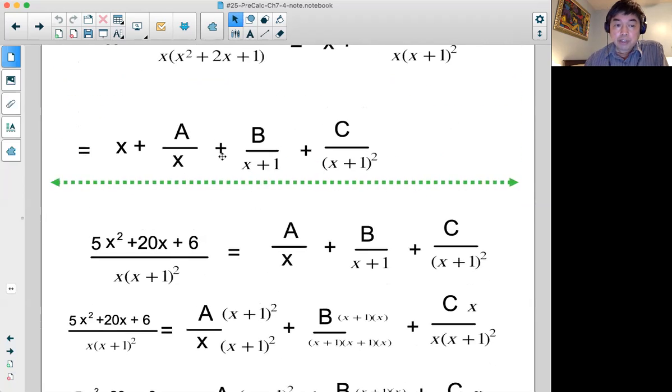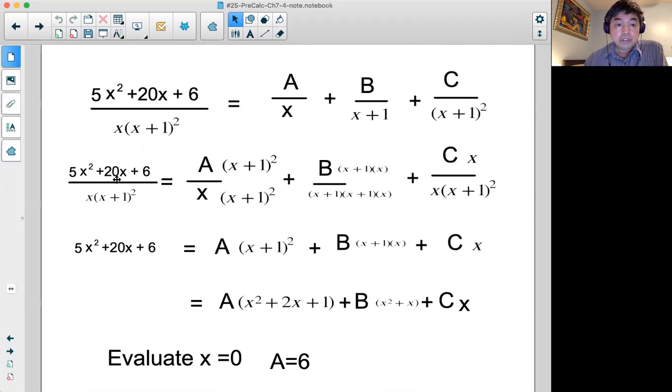If you forget this first x here, you're going to have exactly the same equation. In that case, this numerator, 5x squared plus 20x plus 6, you can rewrite everything on the right-hand numerator because its denominator is the same as x times (x plus 1) squared.